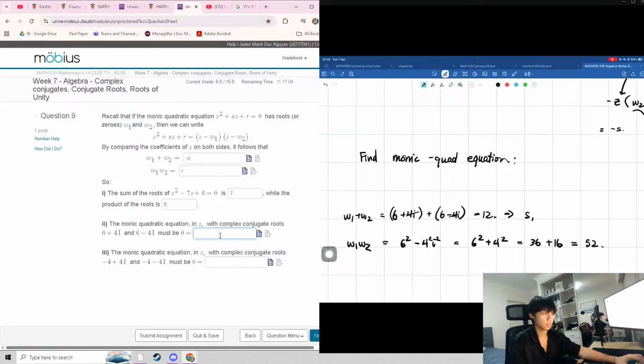So we get the equation z squared minus 12 times z plus 52.